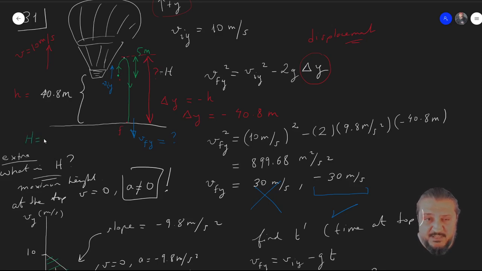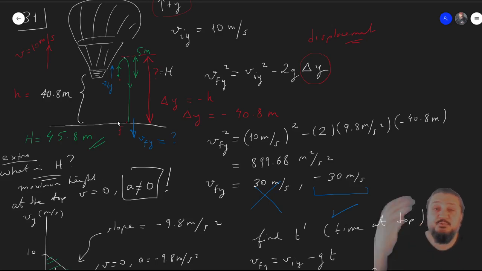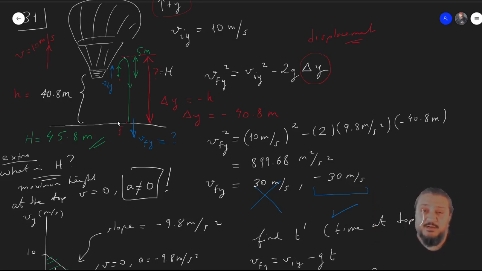So h will be 45.8 meters. Okay. So this wasn't part of the problem, but I just wanted to add it. Can you add more? Yeah, you can find, for instance, where the balloon will be when the object is at the top here.